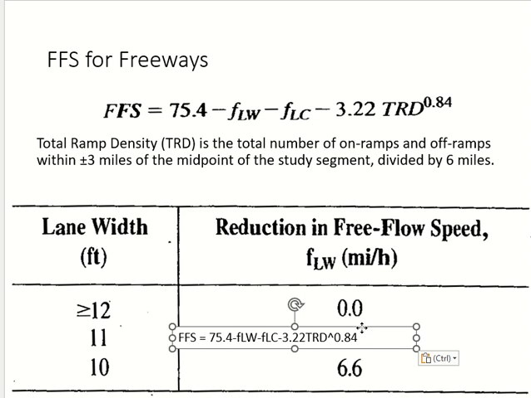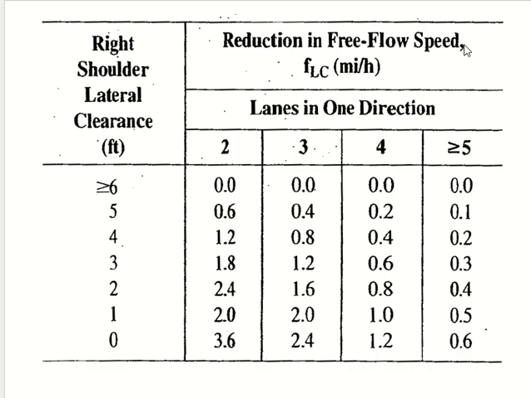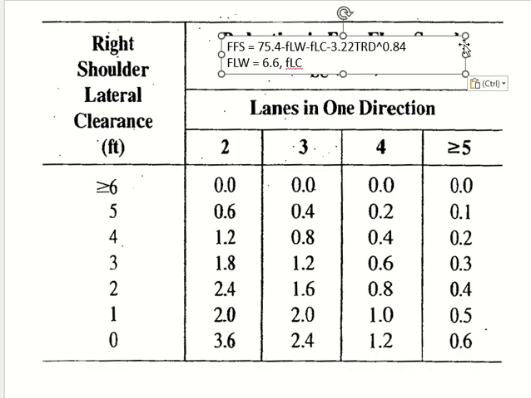Okay. So my lane width is 10 feet. So how much is the factor? 6.6. Then my lateral clearance is 0 feet and I have a 4-lane freeway.